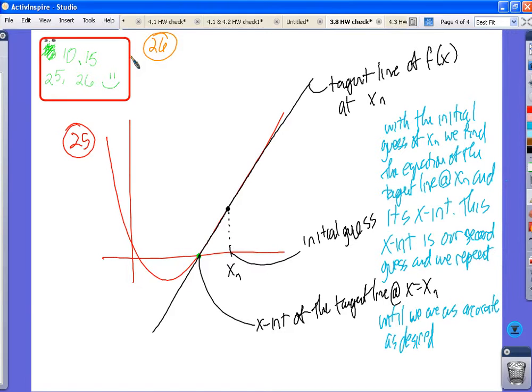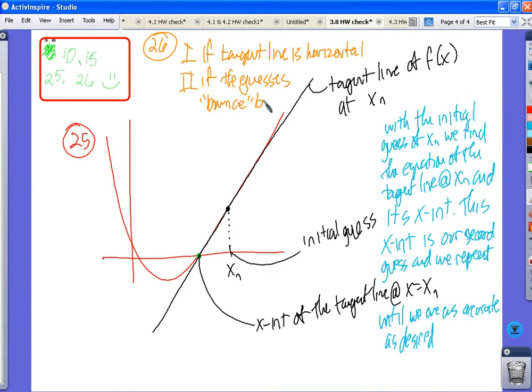When will Newton's method fail? When the tangent line is a horizontal line. Good guess. And if the tangent line is horizontal, and if it bounces back and forth, if the guesses bounce back and forth.